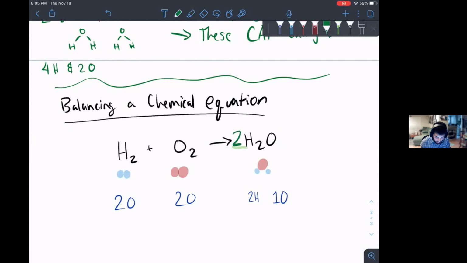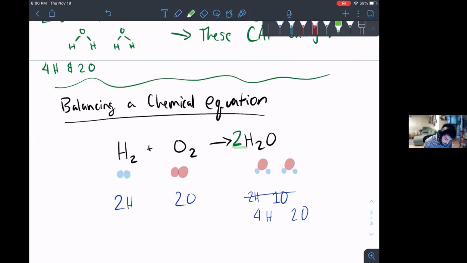If I have 2 H2Os, then I can go ahead and add another one of these. And now we have 4 hydrogen and 2 oxygen. This is great because now we can see that we only need to change our hydrogen.